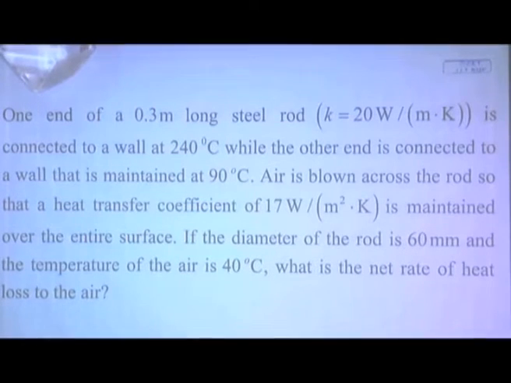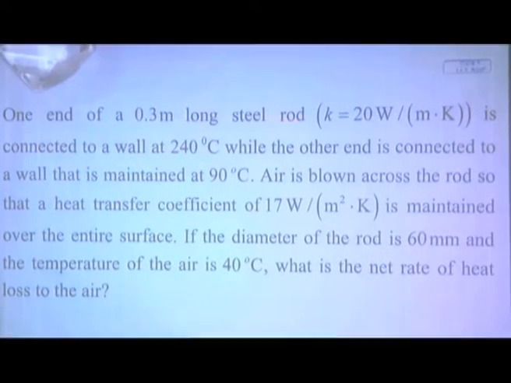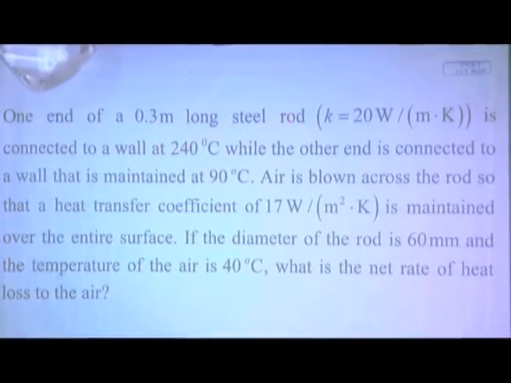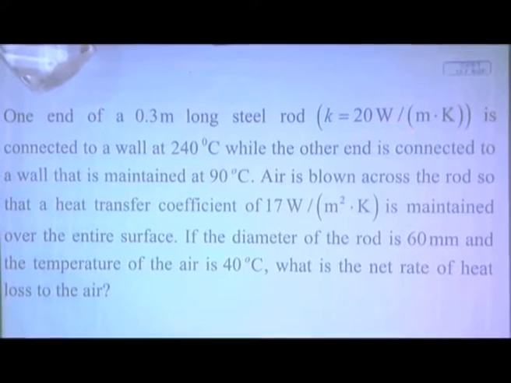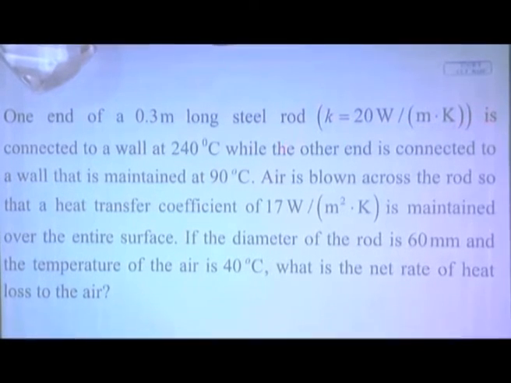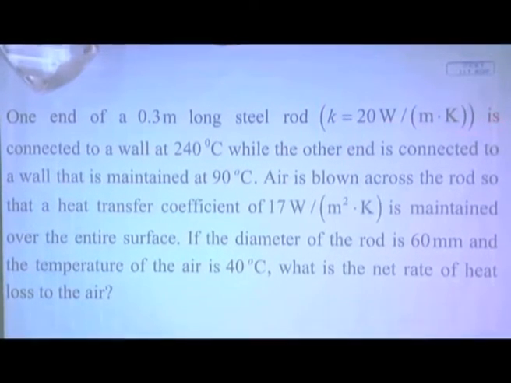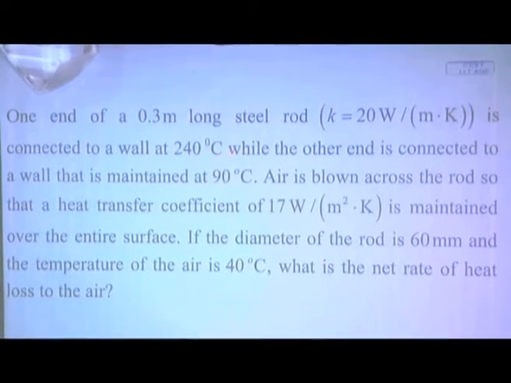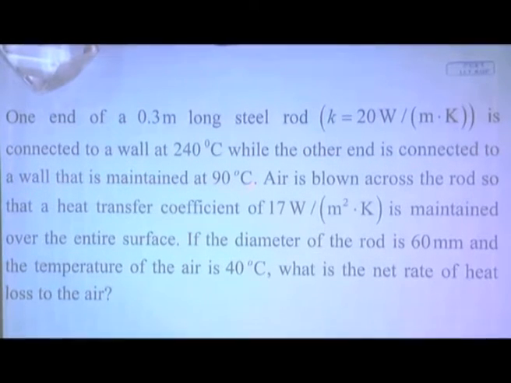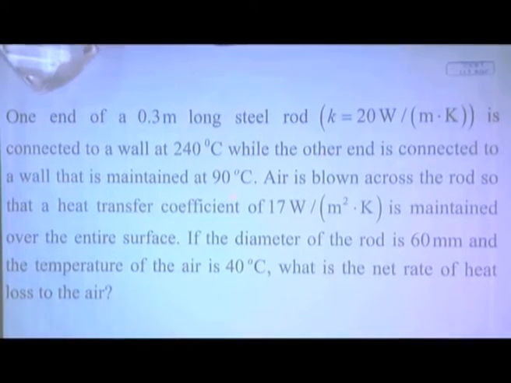One end of a, this is one very popular type of problem. Most of the books have this problem. One end of a 0.3 meter long steel rod, 20 watt per meter K, this is usually the thermal conductivity of steel, is connected to a wall at 240 degrees Celsius, while the other end is connected to a wall that is maintained at 90 degrees Celsius.